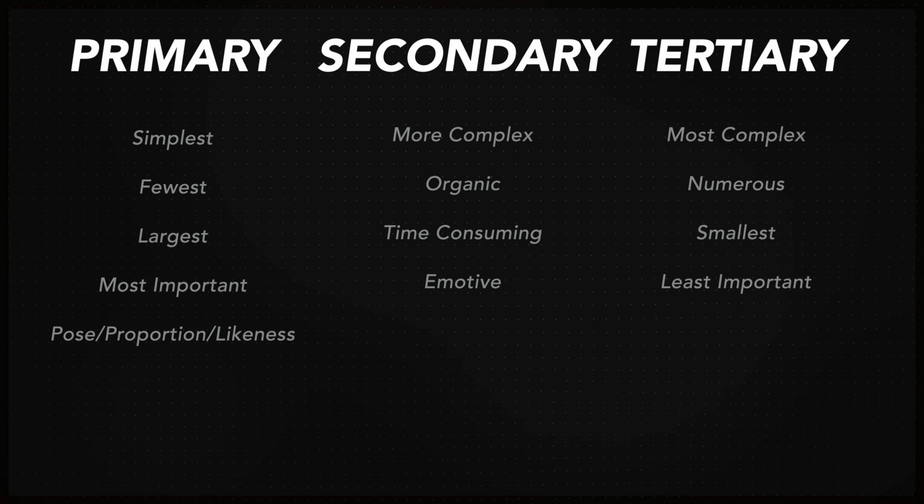And tertiary, arguably least important. We're going to look at some examples here in a second, and it depends on what you're doing. It can be done very quickly nowadays. It depends on which method you want to do. You can do it in a painstaking way, and you can do it fast. There are lots of assets out there nowadays to facilitate adding tertiary forms because of production requirements.